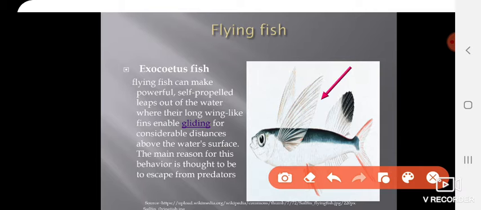So this fish can fly, which is why it is called a flying fish.